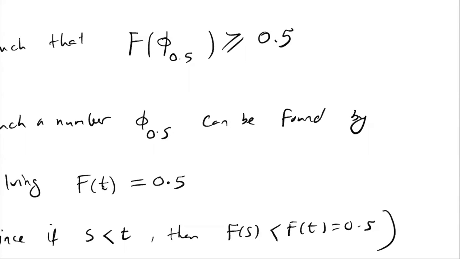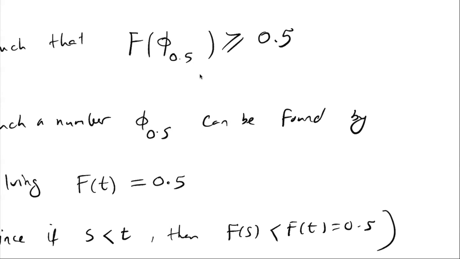Because if capital F of this number is equal to 0.5, it will automatically be bigger than or equal to 0.5 as well. So it satisfies this inequality and is the smallest such number, because if I reduce this number t to some number s, then capital F of s will no longer satisfy this inequality.